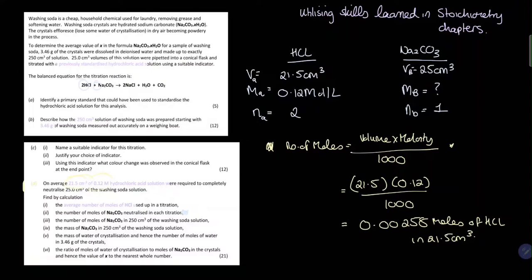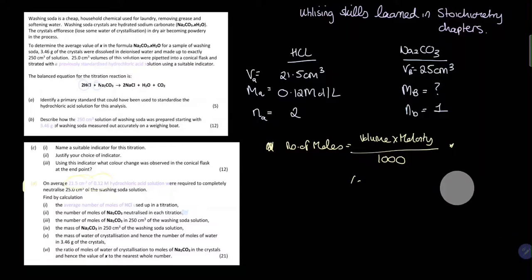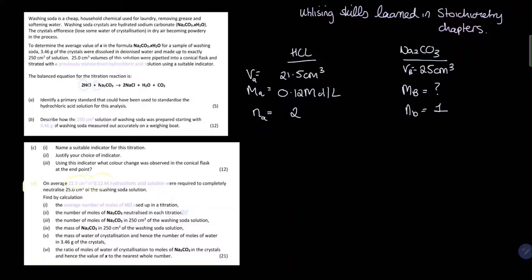Okay, now I'm going to bring you through how we can answer it if I did not remember that formula at all. So I know the molarity of the HCl is 0.12 moles per litre. Now 1 litre is 1,000 centimeters cubed.